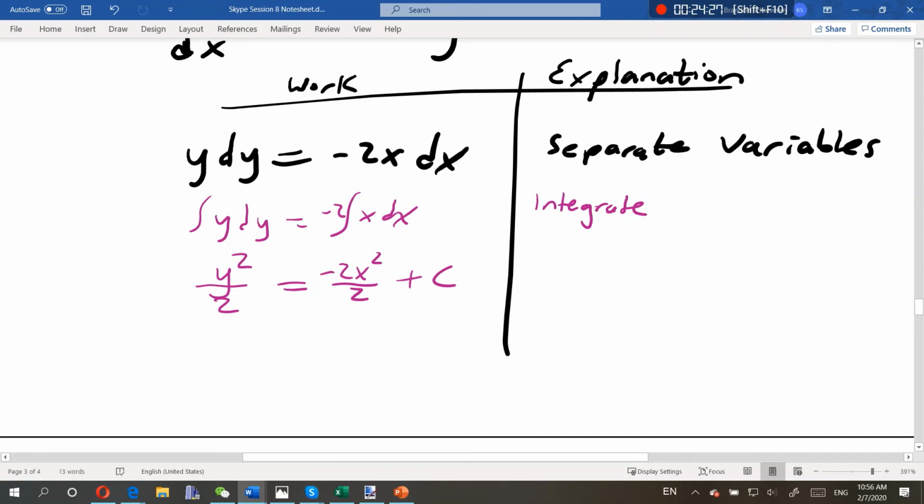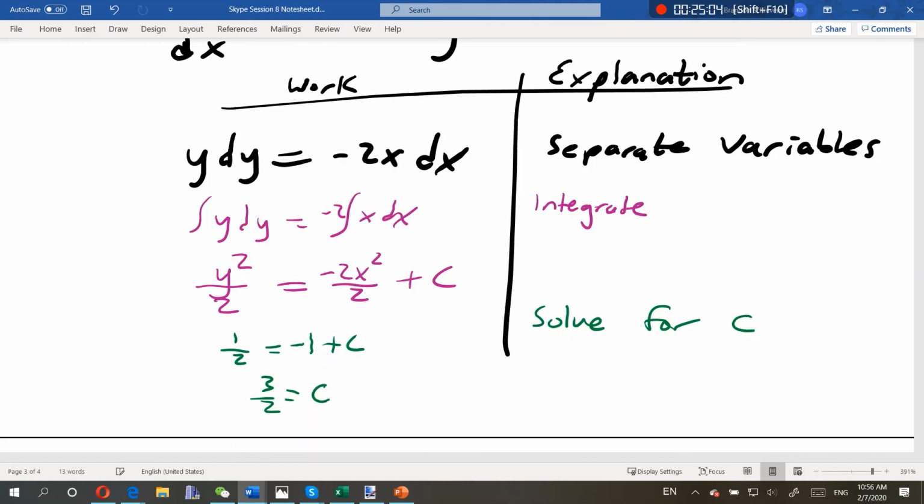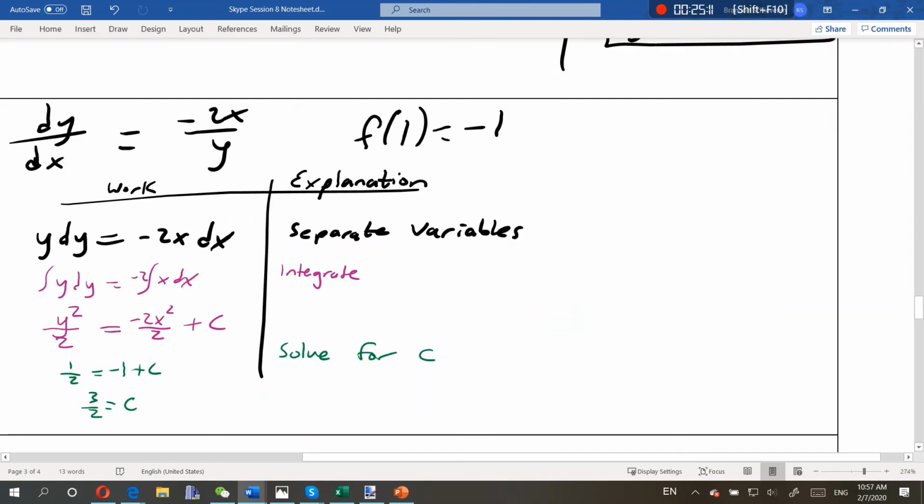So I was told y is negative 1 when x is 1. So if I plug that in, what happens? One over 2 equals negative 1 plus c. Okay, therefore c is equal to 3 over 2. So that means we can come back and keep going.